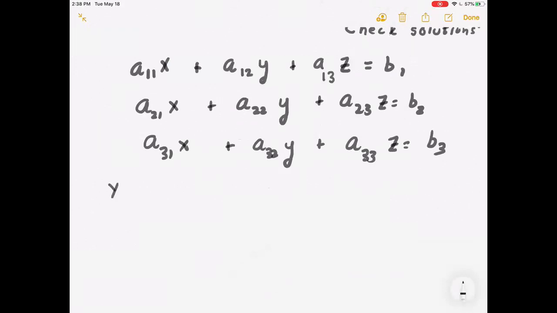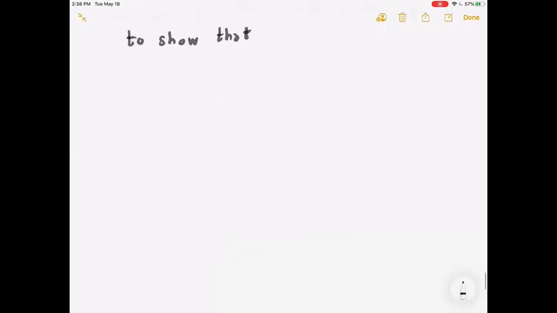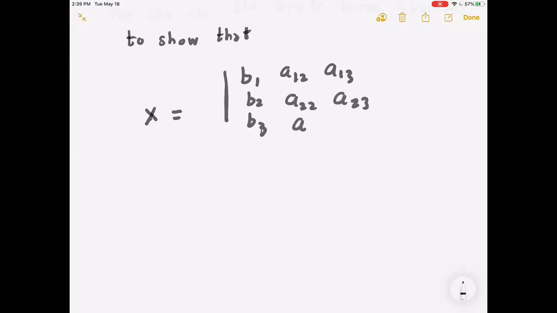So you can use the brute force approach to show that, in fact, if you just go through the algebra, you will find that x has a numerator that goes like the following determinant: a sub 1,2, a sub 1,3, a sub 2,2, a sub 2,3, a sub 3,2, and a sub 3,3.